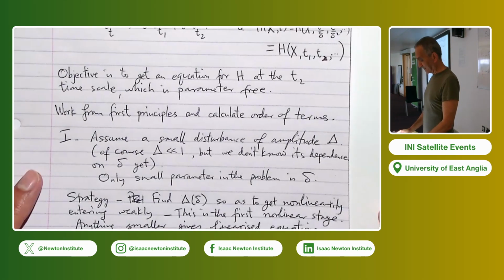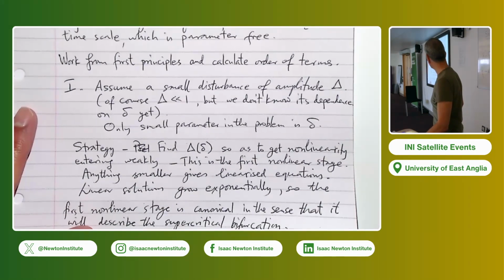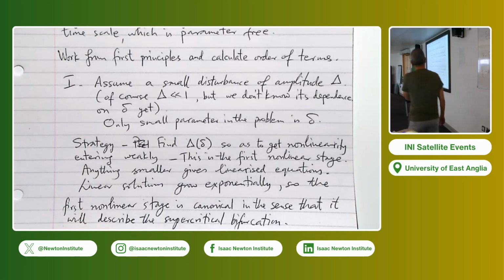Let me just mention the strategy a little bit because we don't want to waste time with the algebra. So the idea is the following. I will assume a small disturbance of size big delta. I don't know it in terms of little delta yet. That's my starting point.